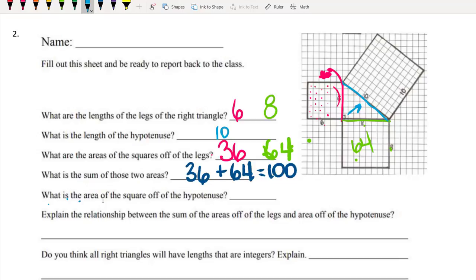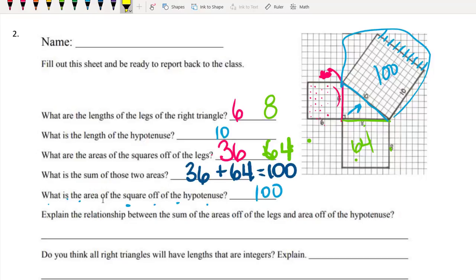What is the area of the square off of the hypotenuse? I'm looking at this hypotenuse and the area of this square right here. This one's nice because it's a 10. So there's 10, 20, 30, 40, 50, 60, 70, 80, 90, 100. So the area of this square is 100.